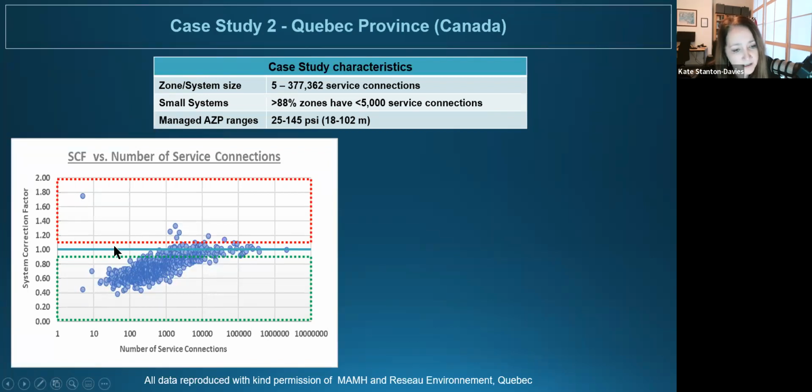We can also see here that we've actually got quite a good spread of results sitting between 0.9 and 1.1. This is, if you like, the plus or minus 10% around a standard UARL, which means that a standard UARL calculation for these systems would be just fine. And these tend to be the systems with more than 5,000 service connections on the whole.